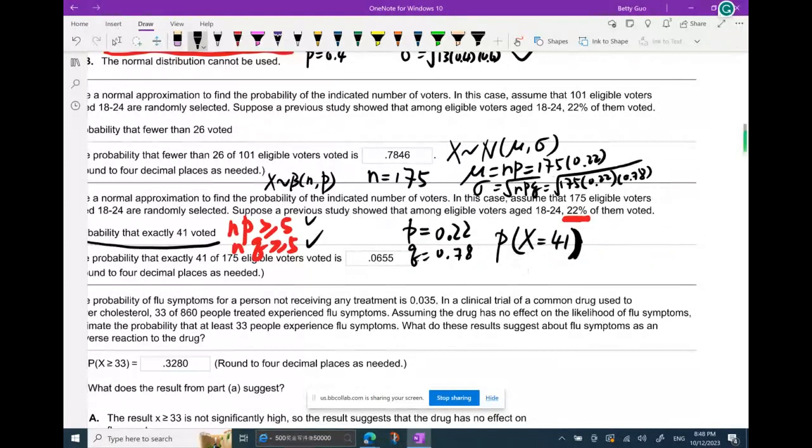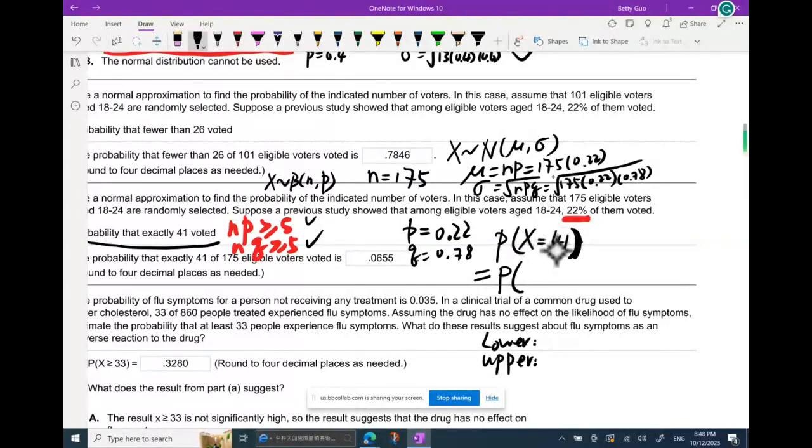So how do we apply the continuity correction? The only whole number x assumed is 41. But if you enter the lower as 41 and the upper as 41, you can end up with 0. So we have to adjust.